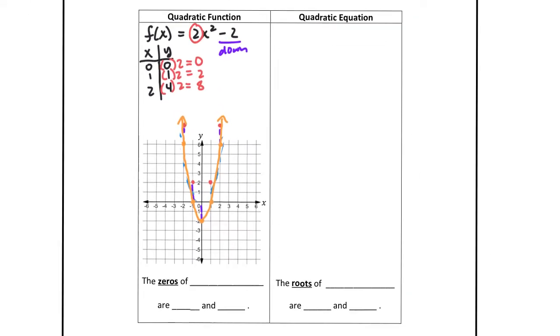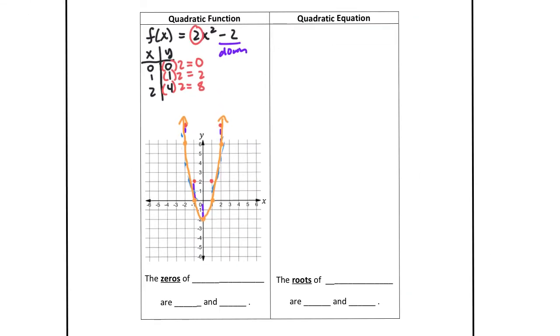Let me zoom out actually. And so we have the zeros of the function. So here I would just copy the function again. It's 2x squared minus 2. And so the zeros are the x-intercepts. Remember that.